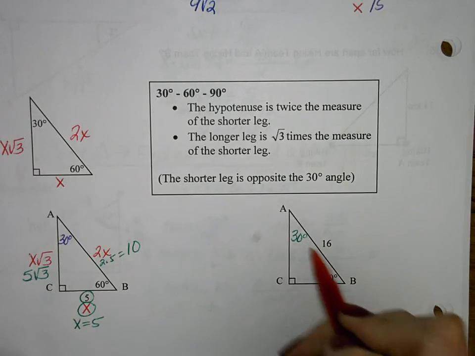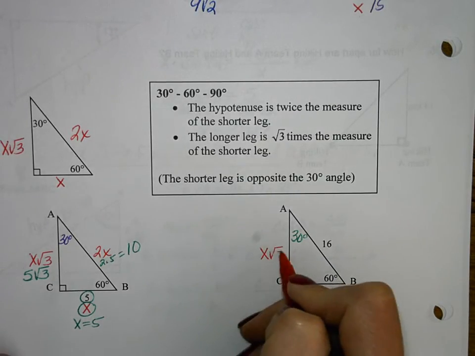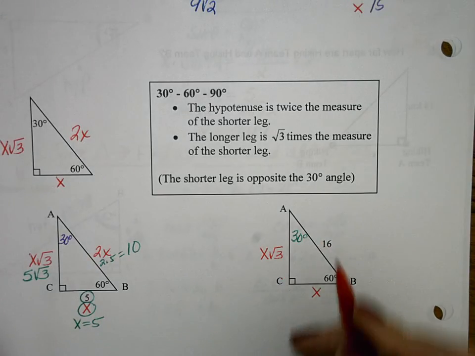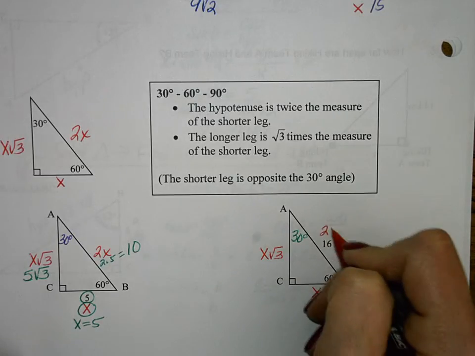All right, across from 30 is x. Across from 60 is x square root of 3. The hypotenuse is 2x. Okay.